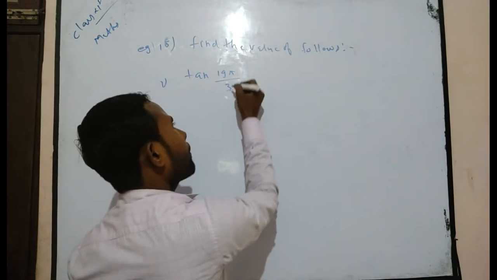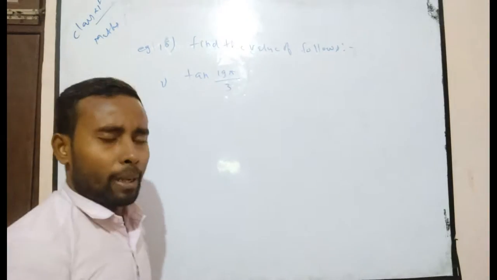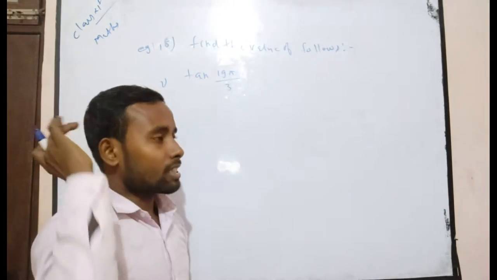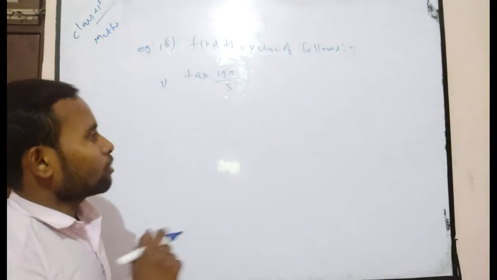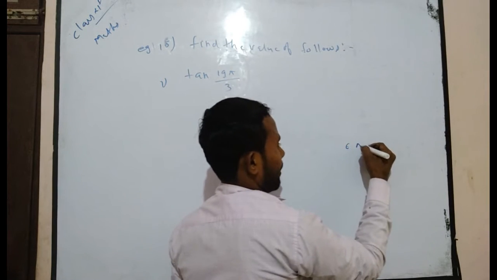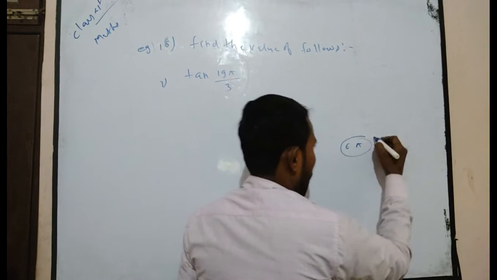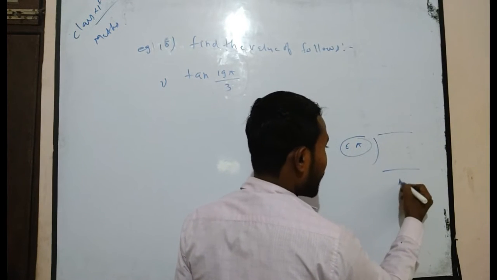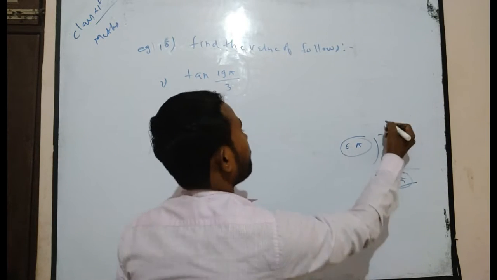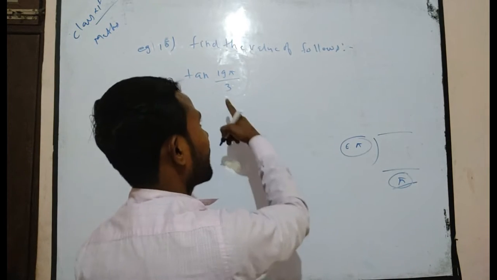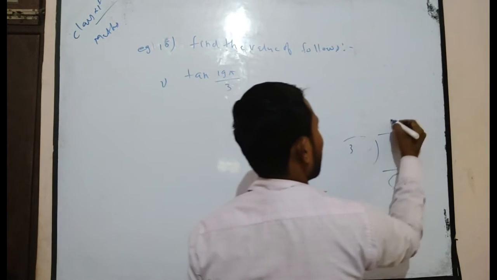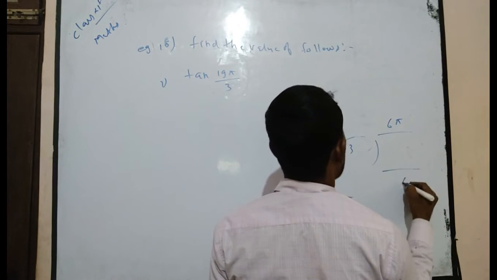First of all, you have to divide 19 pi by 3. This is the procedure. After dividing, you get 6 pi as the quotient, and you get in the remainder pi.